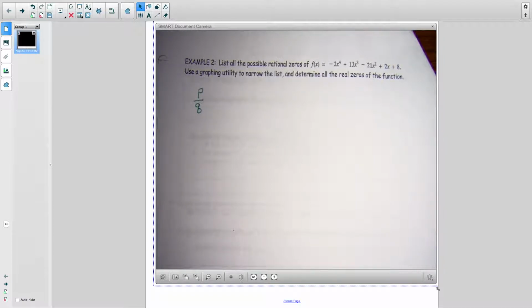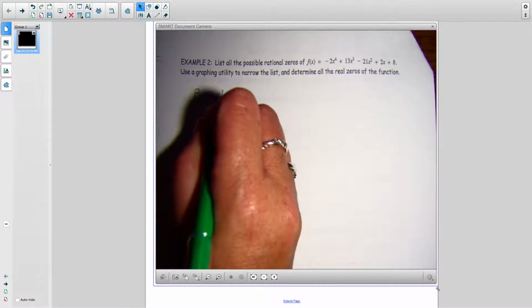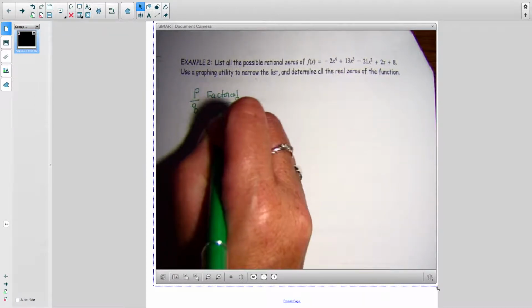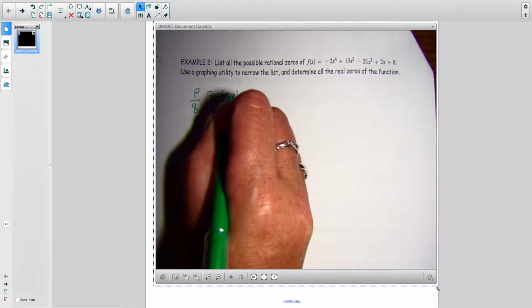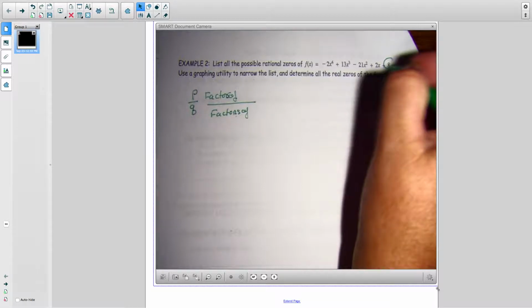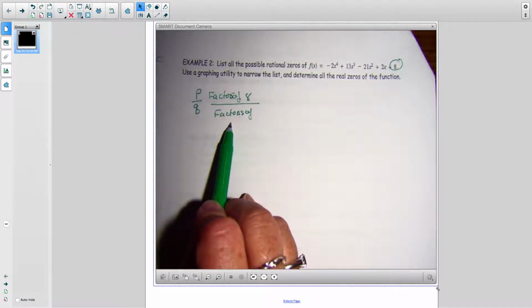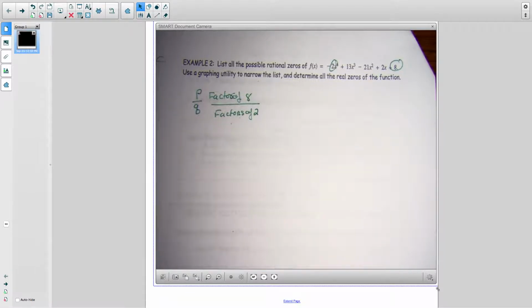P are the factors of the constant at the end, 8. Q are all factors of what? The 2. So that's p over q.